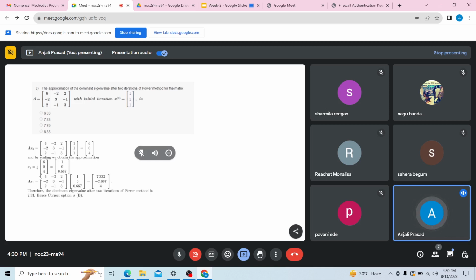And when you calculate the second approximation, you get 7.79. Others, check, are you getting 7.79 after two iterations? If it is asked that way, I think there is a mistake in the question. It should have been asked for the first iteration itself, so you will get 7.33. And if it is asked for two iterations, then check whether you are getting 7.79.